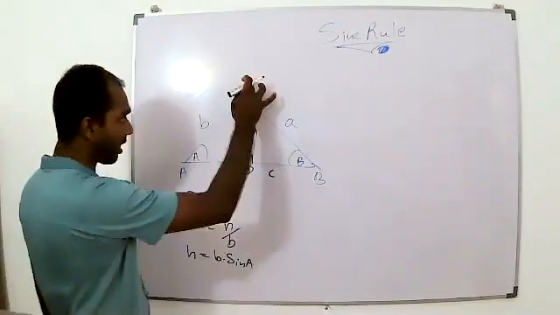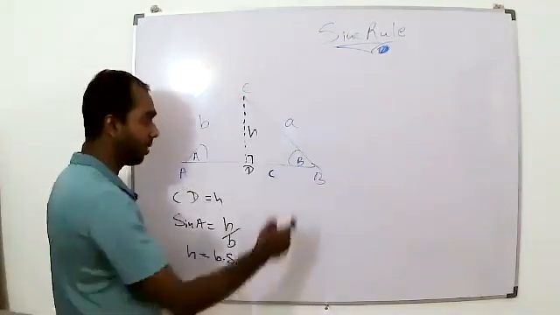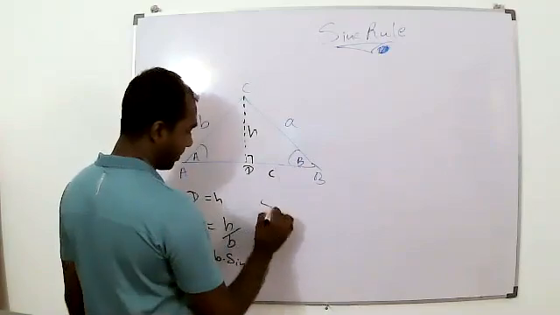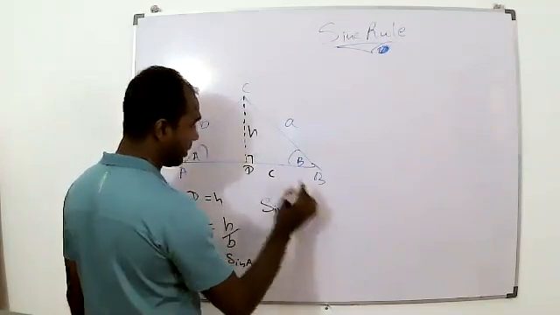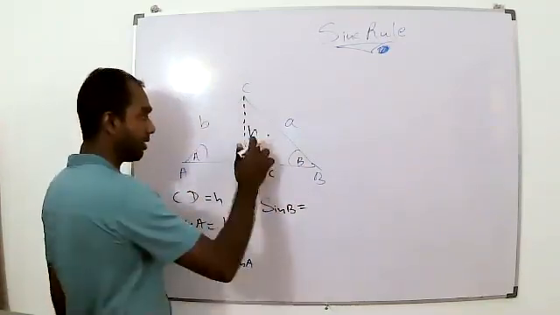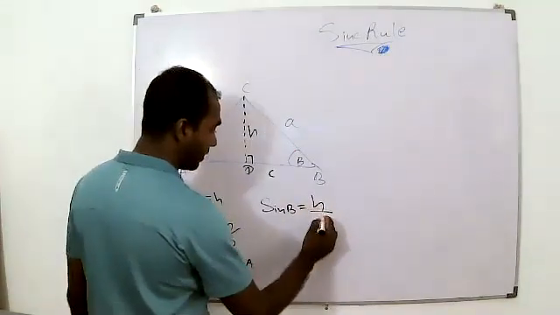Similarly, from this triangle, if we write sine B, it is opposite side over hypotenuse. Opposite side is H, hypotenuse is a.